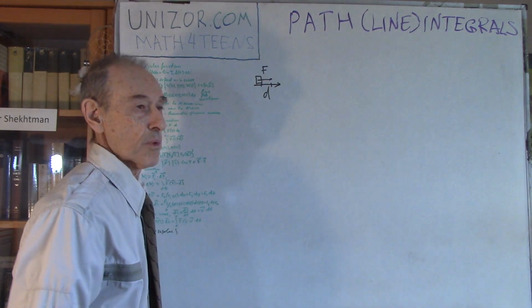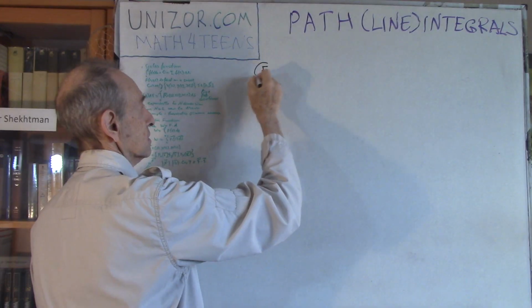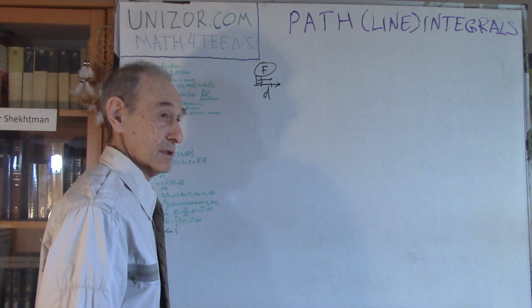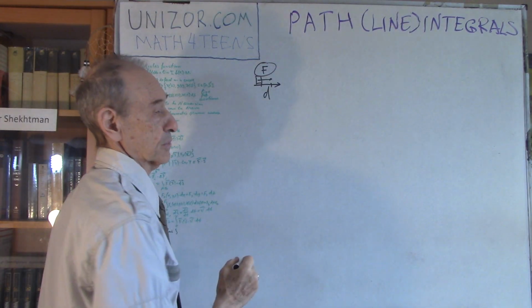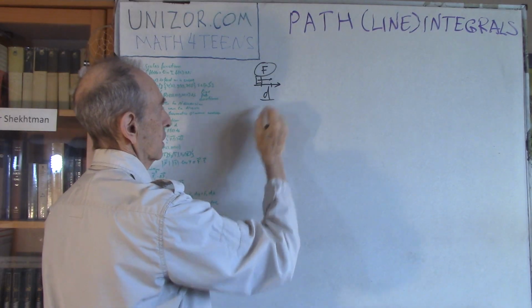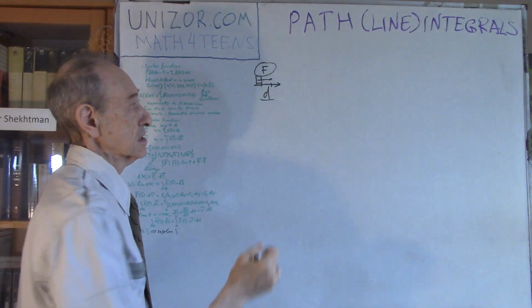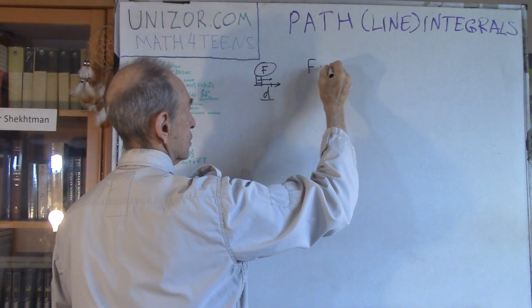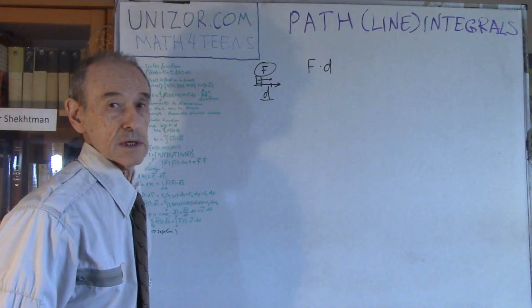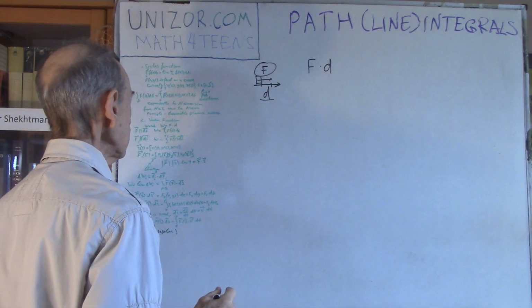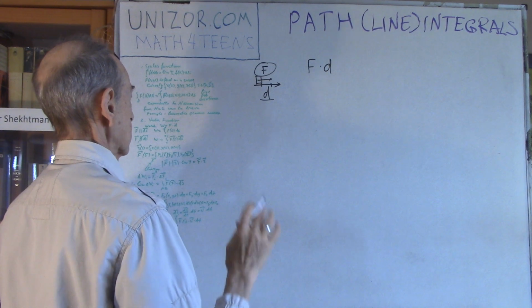So what is the work which is done by this force f or vector f along this particular road during the distance d? Well, we know this is just a product of these guys. Okay?